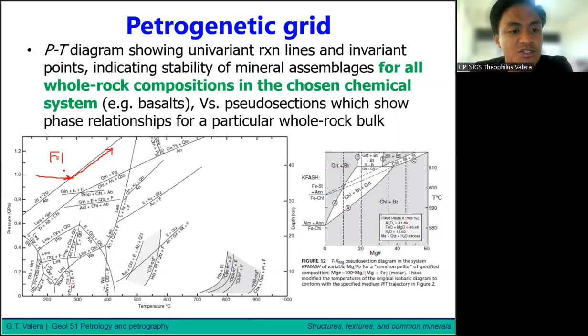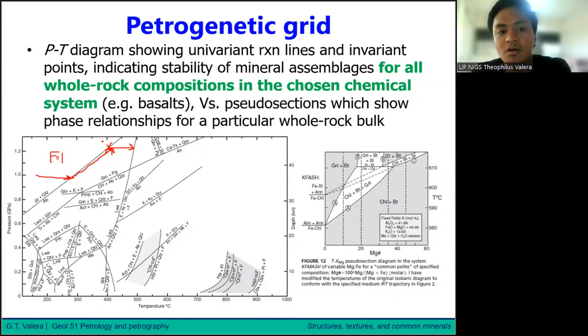So, as temperature changes, one of the reactants is actually being consumed. Okay? In a continuous reaction, which we will further discuss later. For example, at this point, let's say ubos na yung quartz ng bato natin, then you only have now 2 phases, so less 1 phase, and your degree of freedom increases by 1, so it can go on doing like this.